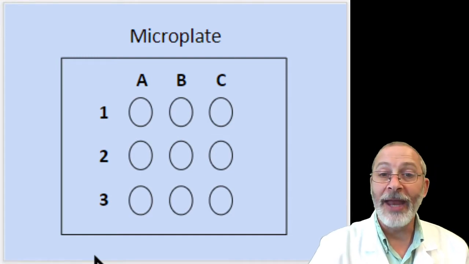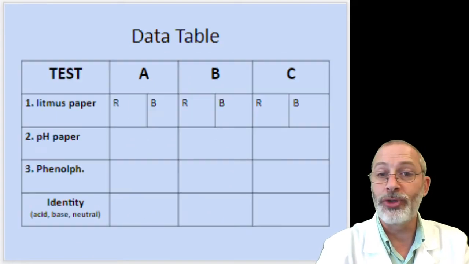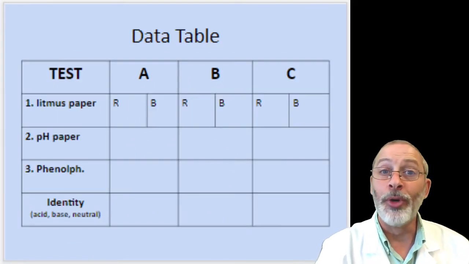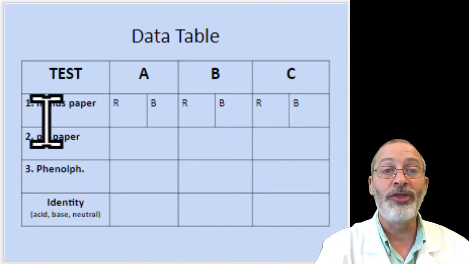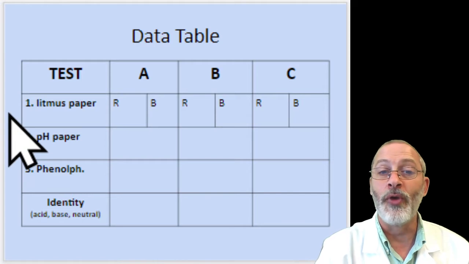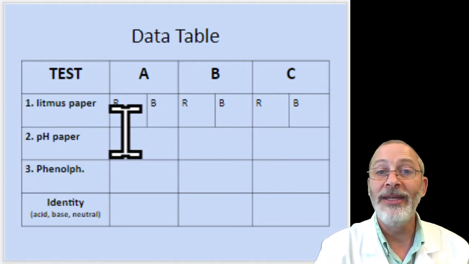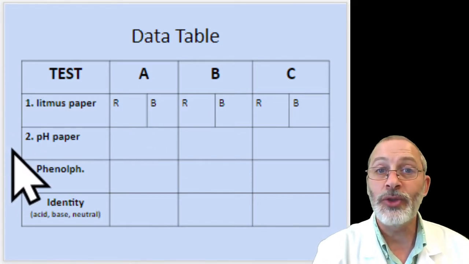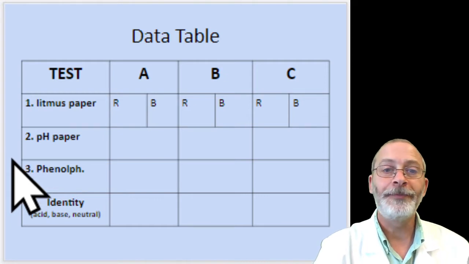And to do that, let me just scroll over to our data table. You'll see your data table in your books look very similar to this. And here are the 3 tests we're going to perform. The litmus paper test using both red and blue. The pH paper test, which will give us a color that will match up with a number.